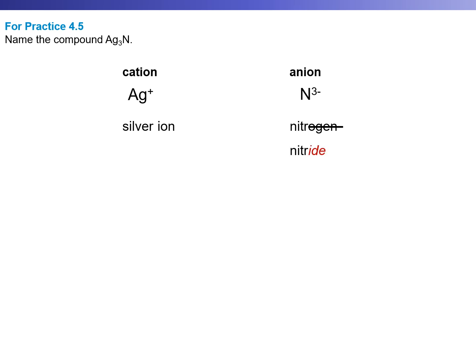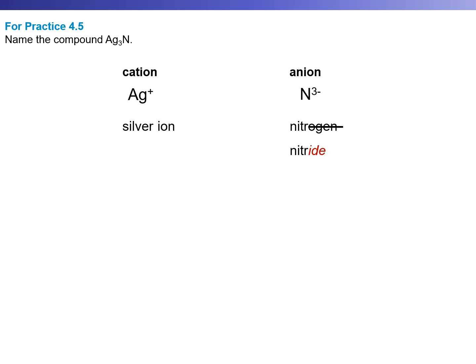So nitrogen becomes nitride. And that's how you would name all of these negatively charged elements. So chlorine becomes chloride, fluorine becomes fluoride, oxygen becomes oxide.